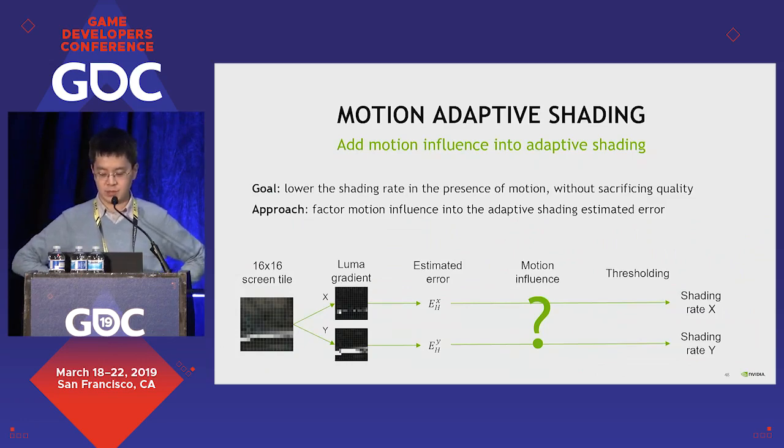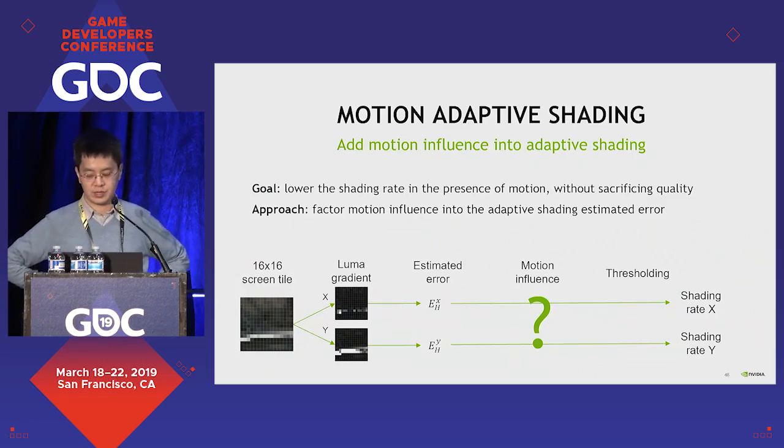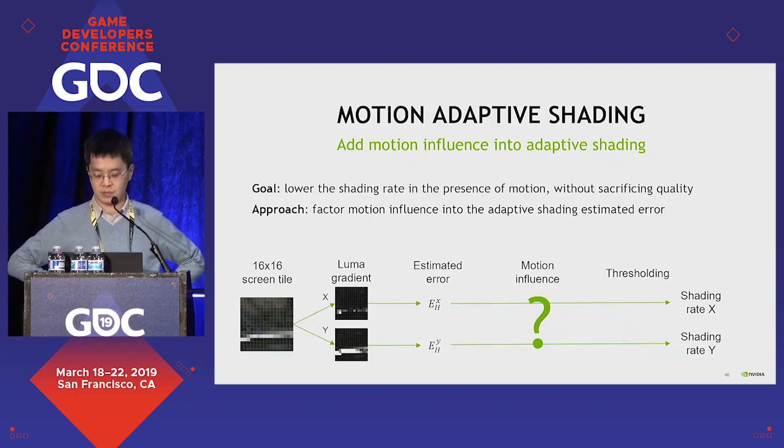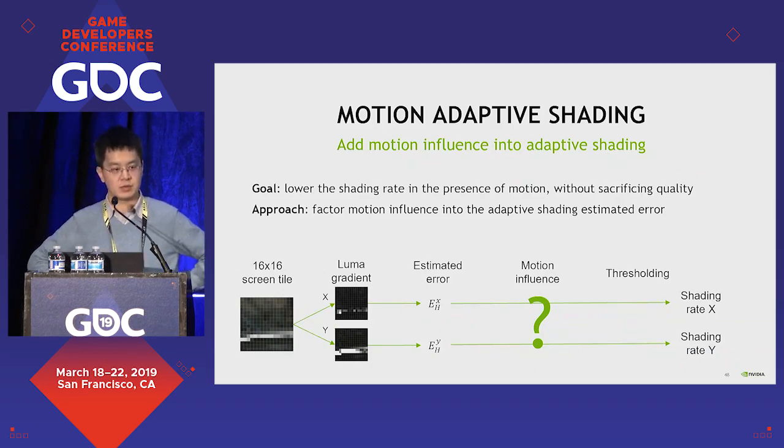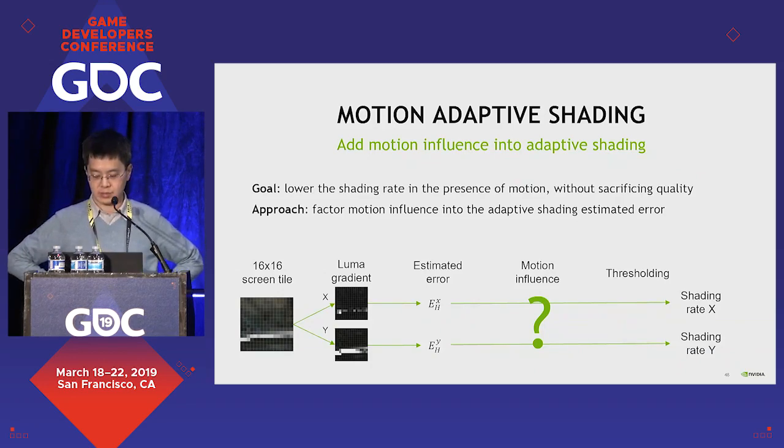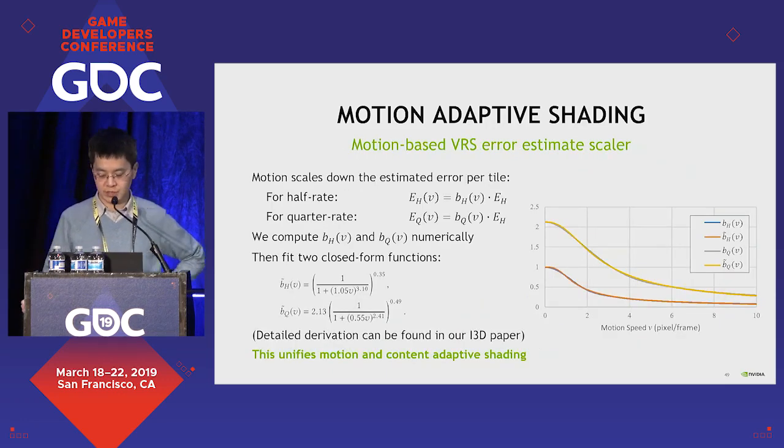We want to exploit the motion blur so that we can lower the shading rate even more without sacrificing image quality. The way we do it is to factor the motion influence into the estimated error that we had in content adaptive shading, because this error is truly reduced after applying the motion blur. We already know that motion blur scales down the estimated error per tile.